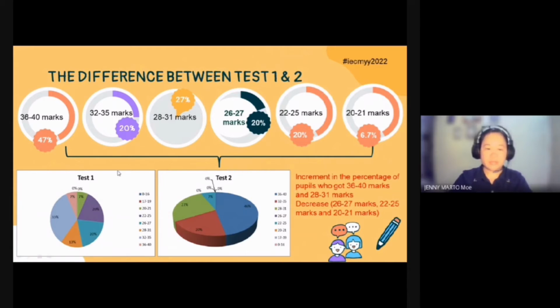From these two, I could see that there is an increment in the percentage of pupils who got 36 to 40 marks and 28 to 31 marks, 47% and 27%. And there is a decrease for the marks 26 to 27, 22 to 25, and 20 to 21 as they move on to the higher level. These are done based on my rubric for my writing.